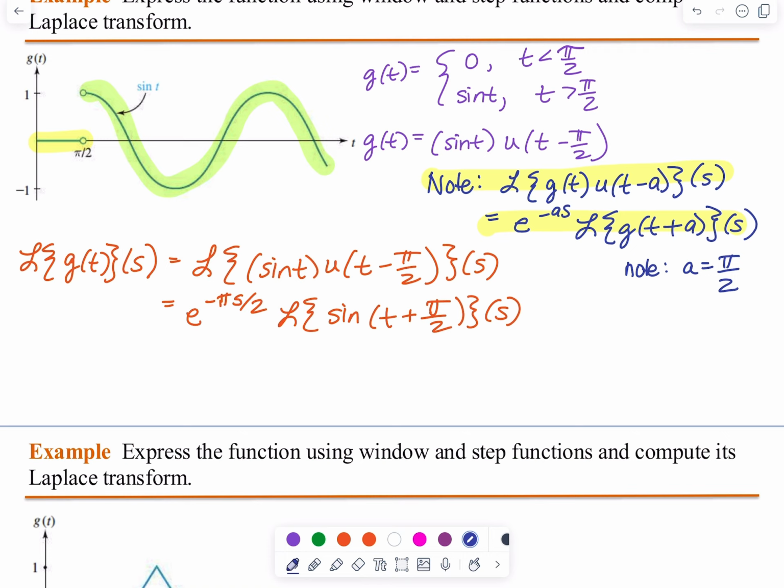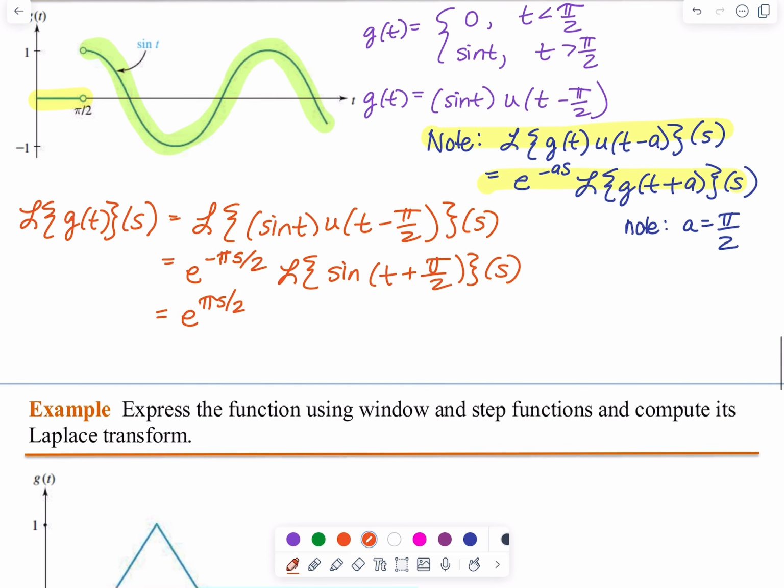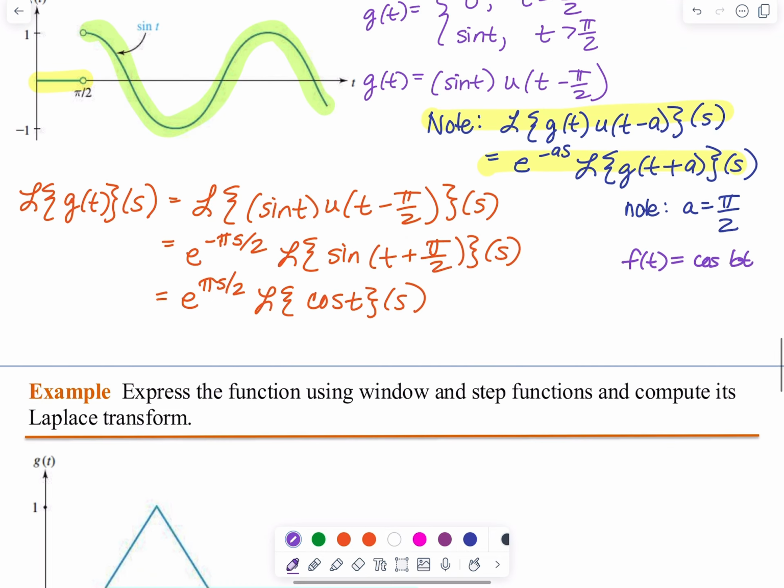So that is equal to e to the negative pi s over 2 multiplied by the Laplace transform of the cosine of t of s. And then we remind ourselves from our Laplace transform table that when f of t is equal to the cosine of bt, we have that the Laplace transform is equal to s over s squared plus b squared.